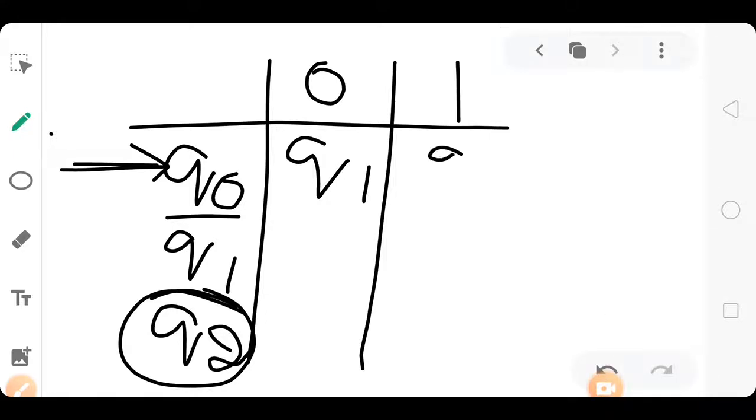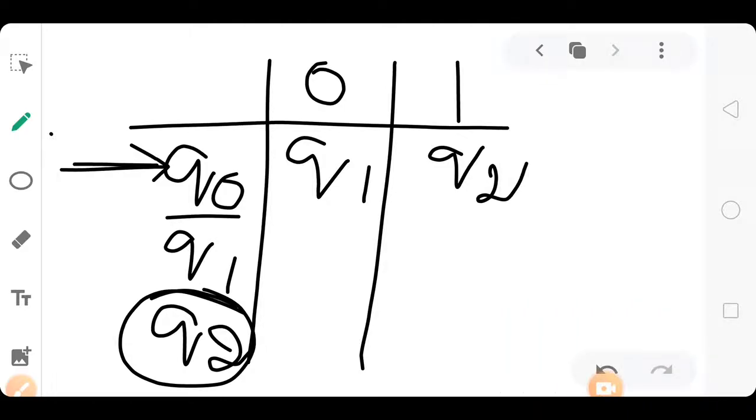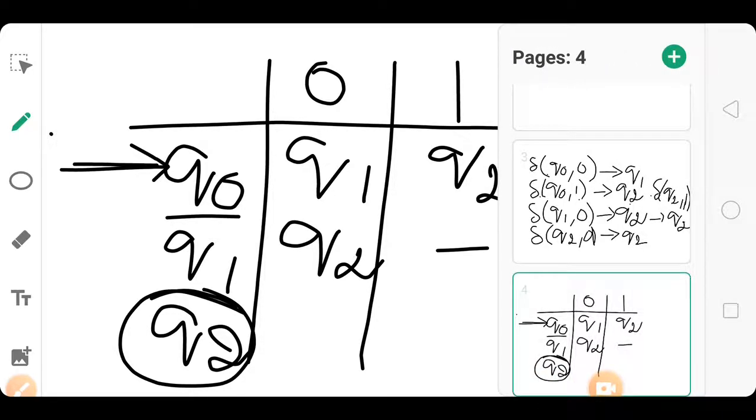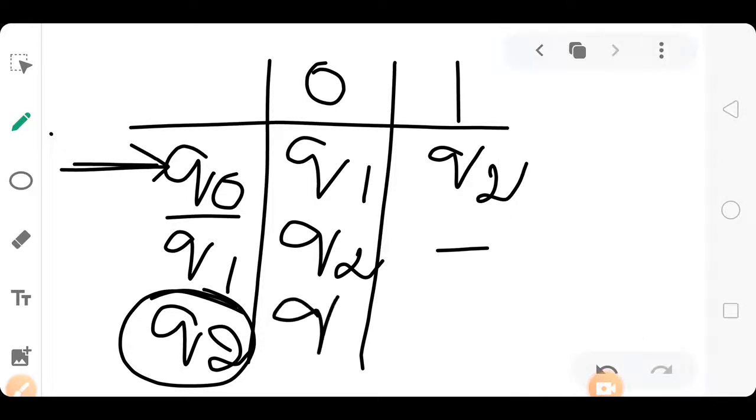Coming to Q1, delta Q1 on 0 goes to Q2, and you don't have any transition on Q1 on 1. For Q2, Q2 on 0 goes to Q2 and Q2 on 1 goes to Q2, so we write Q2 here as well as Q2 here.